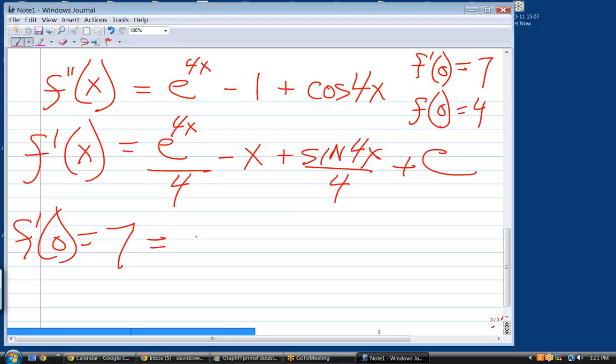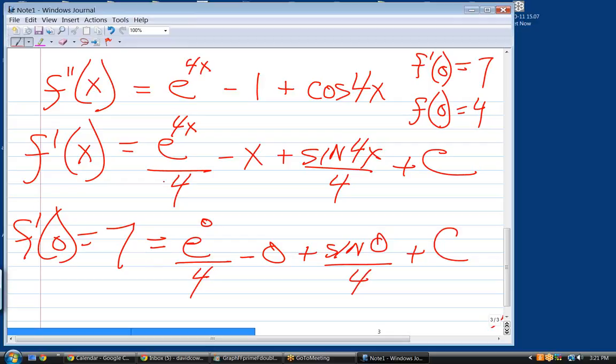Okay. I find the easiest way not to make a mistake here is to not try to do it all in one step. Let's plug it in. e to the 0 over 4 minus 0 plus sine of 0 over 4 plus c. All of that's equal to 7. Now solve that.